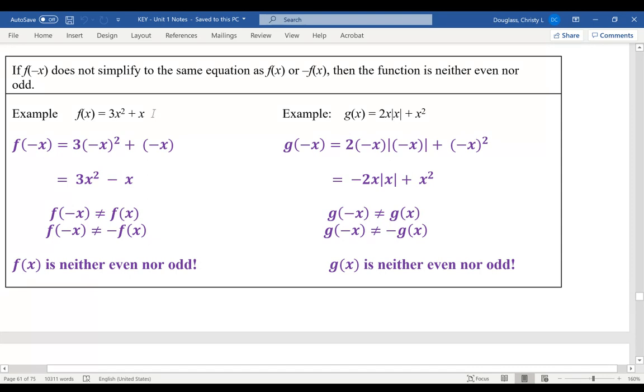In order to be the negative of f of x, we would have to have negative 3x squared, and we don't. So since we don't have the same function or the negative of the function, we say that f of x is neither even nor odd. So if you graph this, it does not have rotational symmetry about the origin, and it also doesn't have reflective symmetry over the y-axis, because remember, that's what it means to be even and odd.